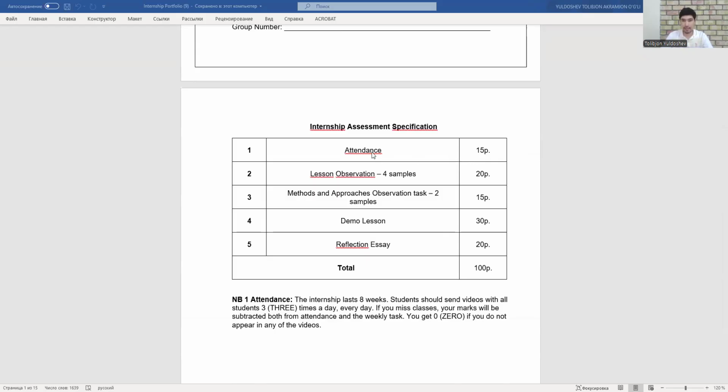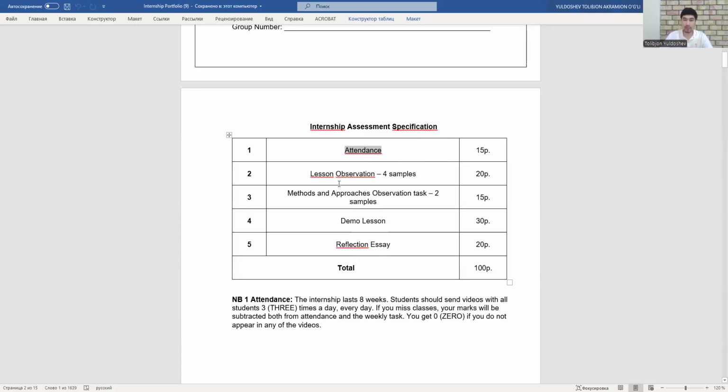For attending the school consistently without skipping classes, you will get 15 points. Usually your supervisor, the supervisor assigned from the university, is going to check your attendance, maybe through email or maybe through Telegram chats.